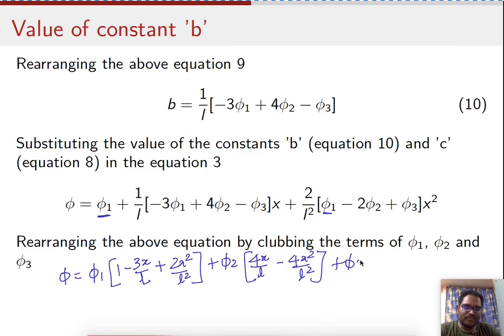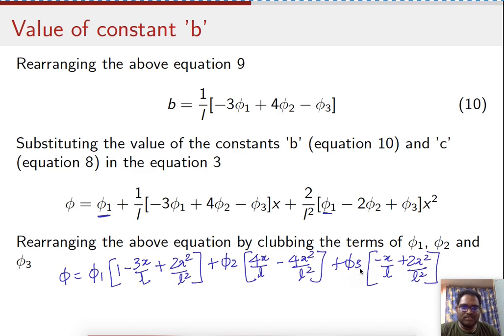Last is the term phi 3. So phi 3 is present over here, minus x and then 1 by L, or it is minus x by L, and here I have x square, 2 and then by L square. So it is plus 2x square by L square.